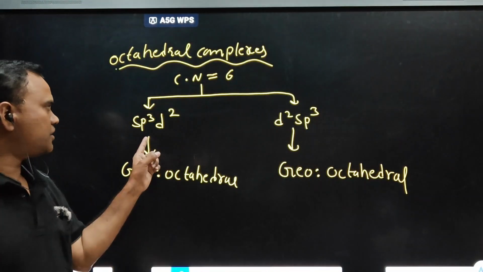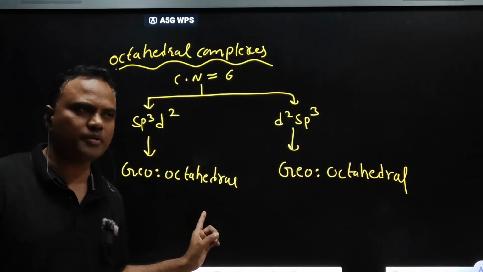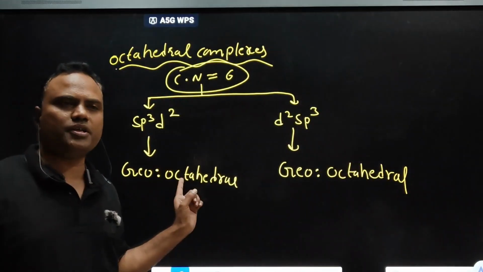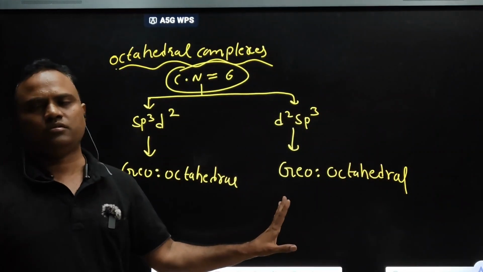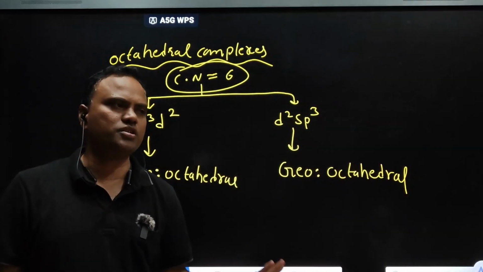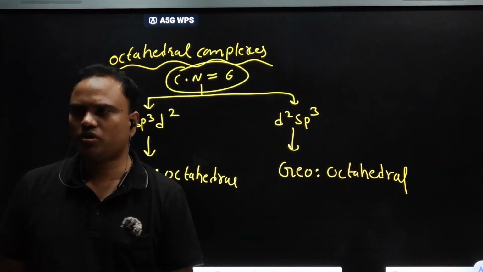Remember, when you get hybridization sp3d2 or d2sp3, what is the geometry? Very simple thing. If coordination number is 6, take the geometry directly. If you observe 6 ligands, or if coordination number is 6, geometry is octahedral.